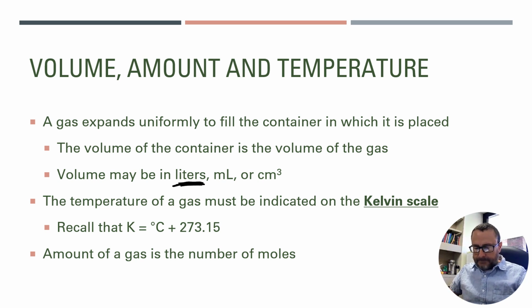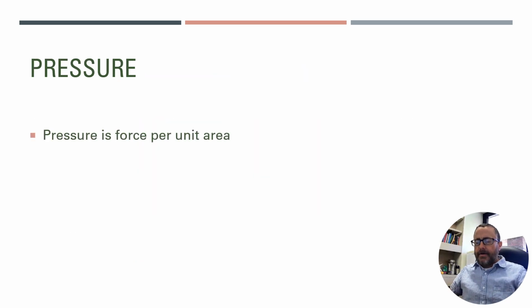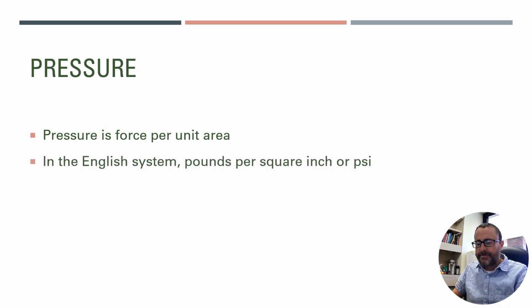All right, pressure. Pressure is given as the force per unit area, and in the English system or in the United States, we might have heard of this as being in pounds per square inch.